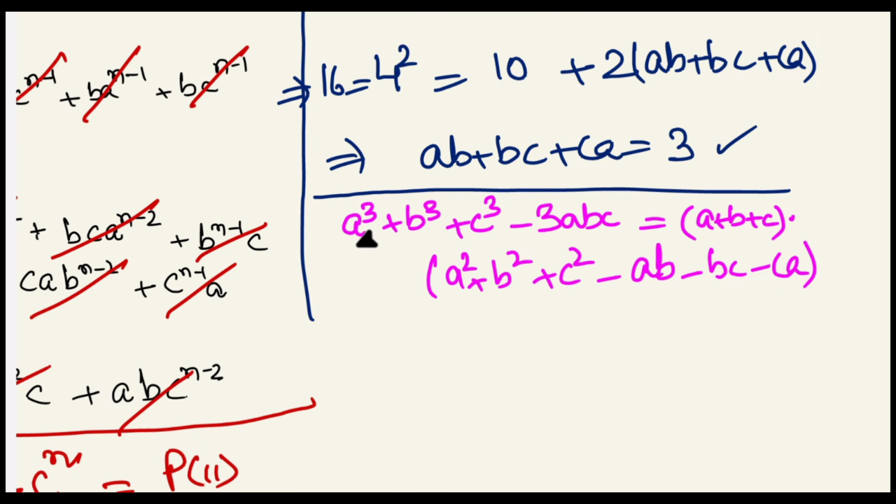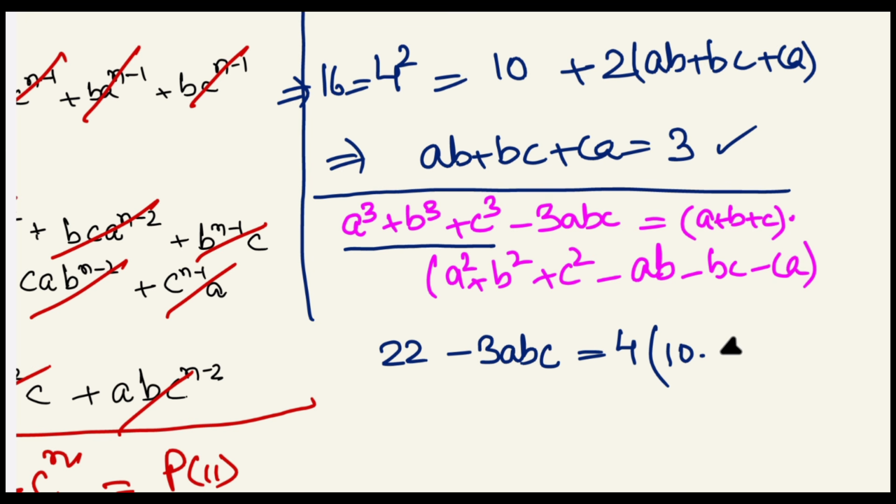We already know these values. a³ + b³ + c³ is 22. This we need to find, 3abc. a + b + c is 4, into a² + b² + c² is 10, minus ab + bc + ca, this we have found as 3. So 10 minus 3.